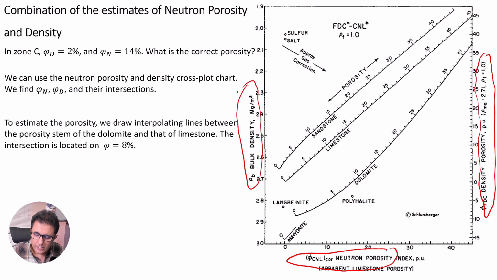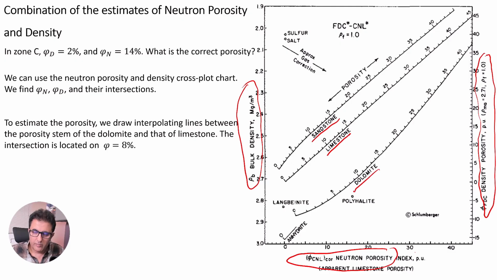If the density is converted to the porosity, just use the right side axis, and if it's not converted, or you have just the raw values of bulk density, use the left axis here. And here you see three stems. One stem is for sandstone lithology, another is for limestone lithology, and another for dolomite.